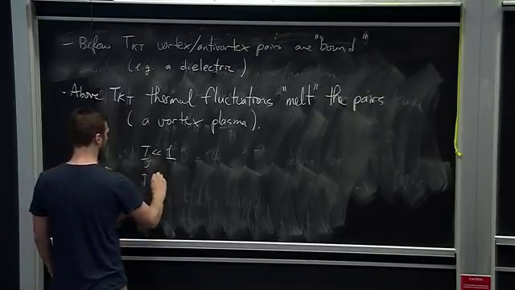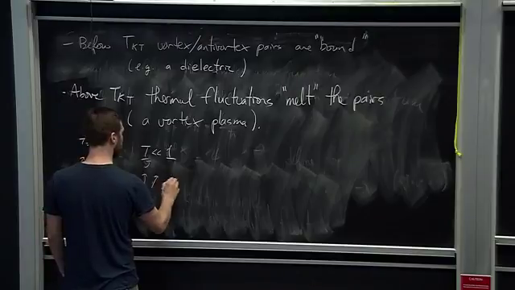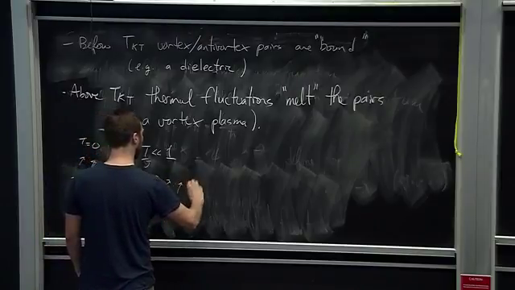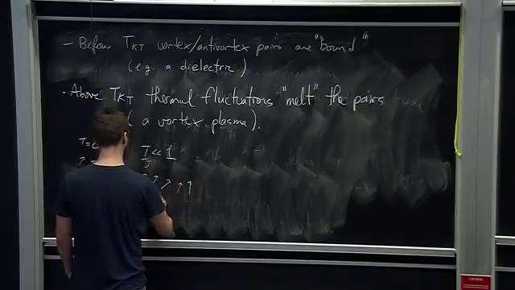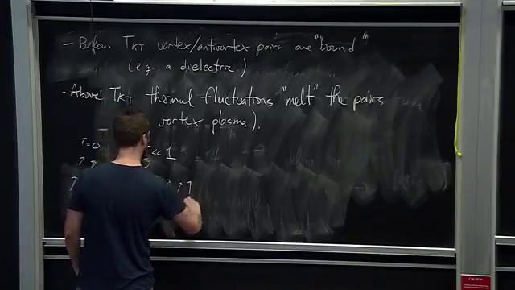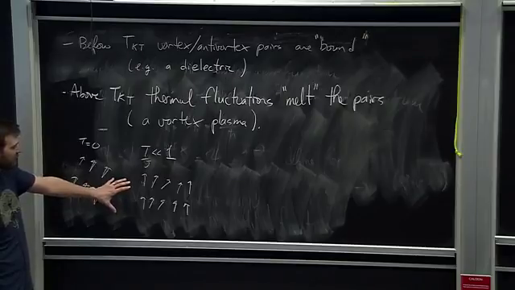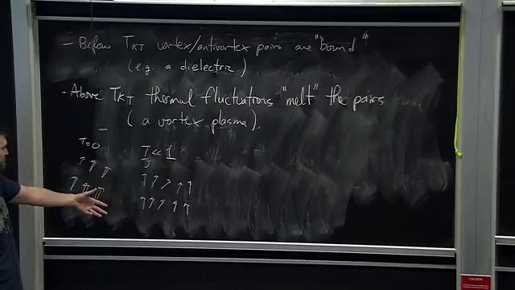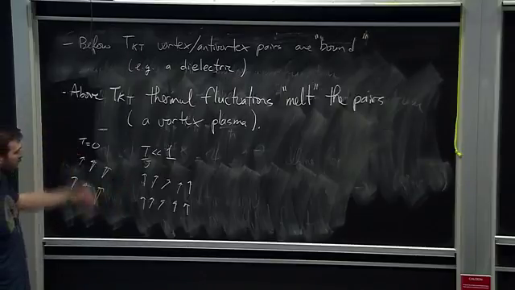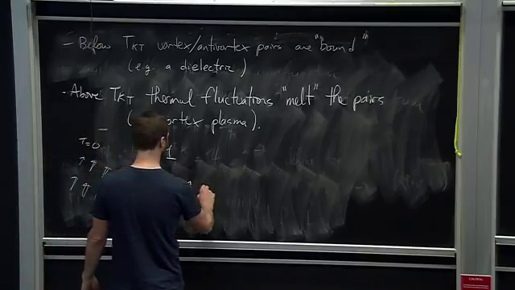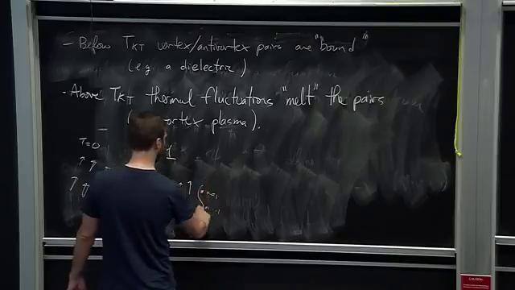Then you might get long wavelength fluctuations, I don't know what they look like, which strictly kill the long-range order. So there's no long-range order here. That's the Mermin-Wagner theorem. But then you can also get bound vortex, anti-vortex pairs, as long as they're close together.